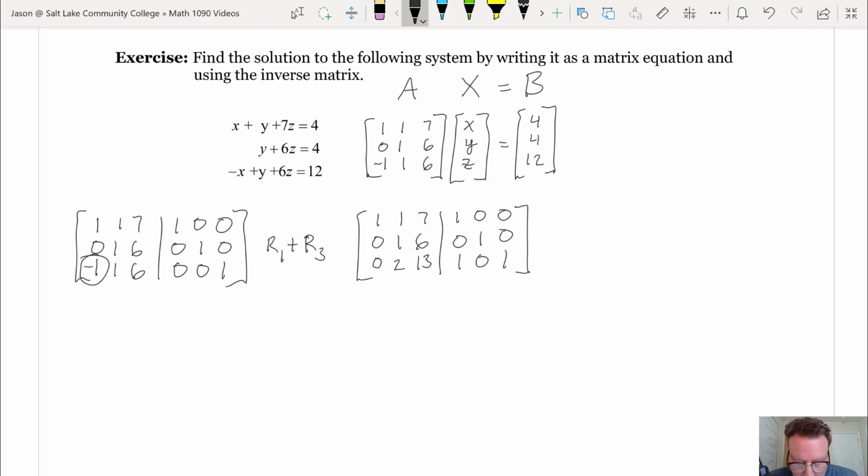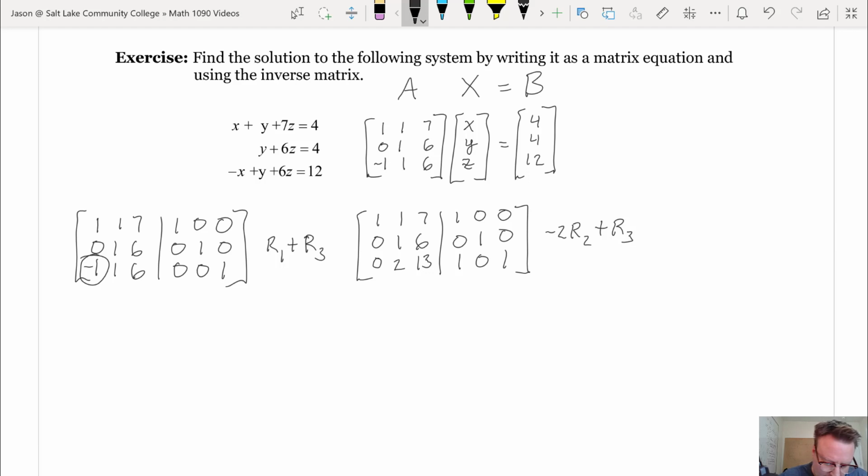Notice the first column is finished. We have 1, 0, 0 in that column, so I move on to the middle column, and I'm going to use that 1 on the diagonal to clear out the 2 below. So what am I going to do? I'm going to do negative 2 times row 2, and then add that into row 3.